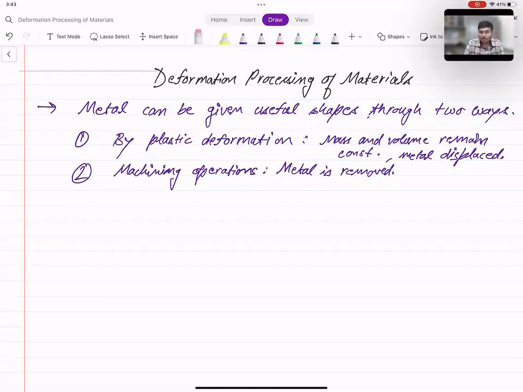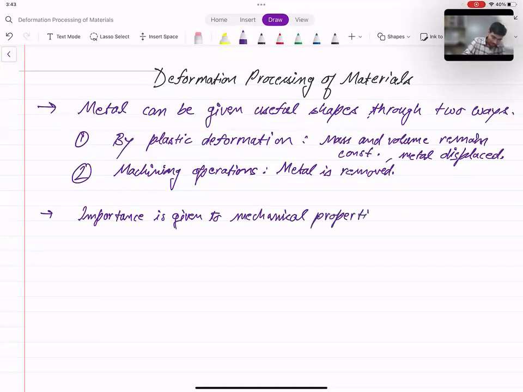So importance should be given to mechanical properties of finished product.